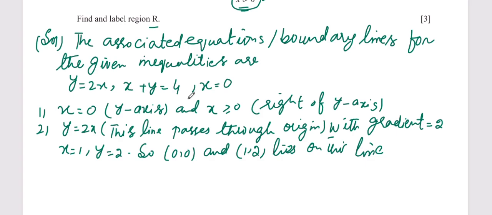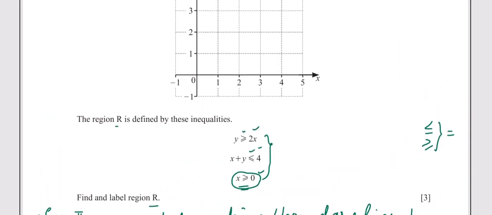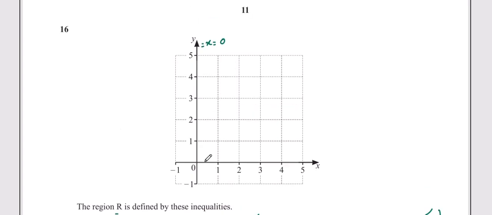Firstly we draw this line by using these 2 points, 0, 0 and 1, 2. So this is my first point, x is equal to 0, and when your x is 1, then your y is 2. This is my second point. Similarly, when your x is 2, your y will be 4. This is your third point on this line. When your x will be 3, then your y will be 6.